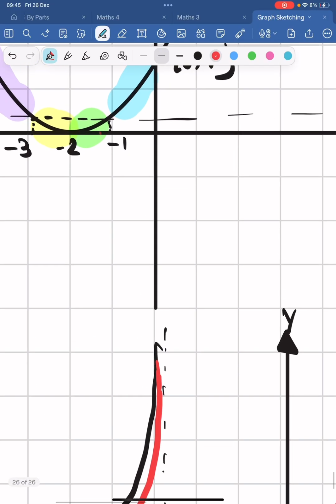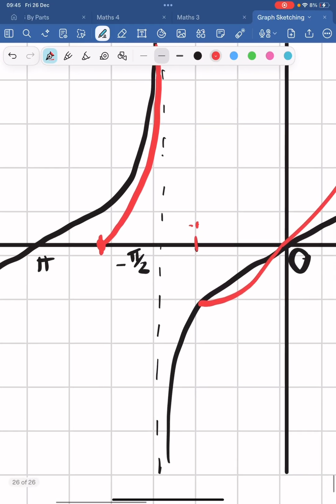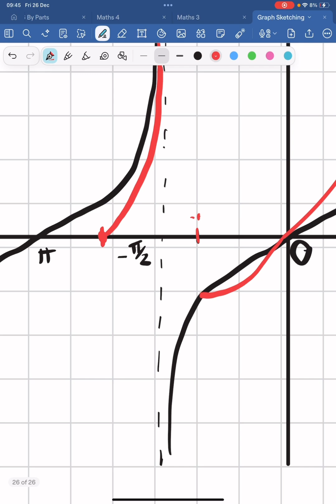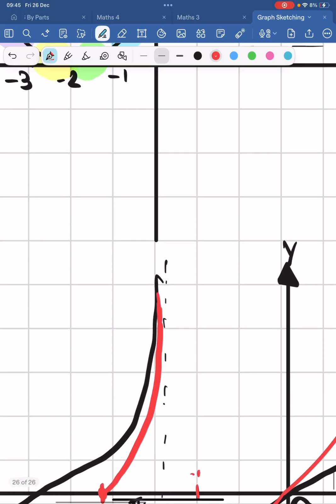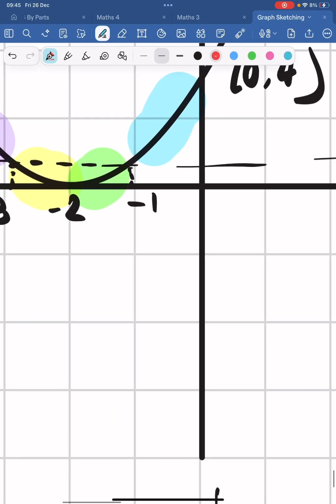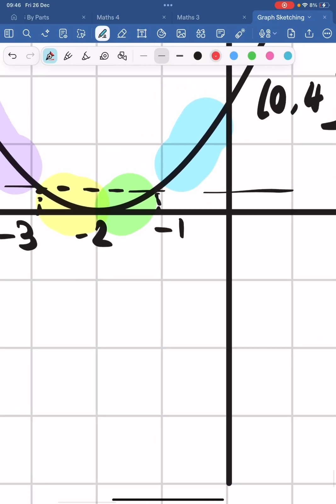So, here, between minus 1 and minus 1.57, as we go from minus 1 to minus 1.57, our value of y in our sketch here goes closer and closer to 0.